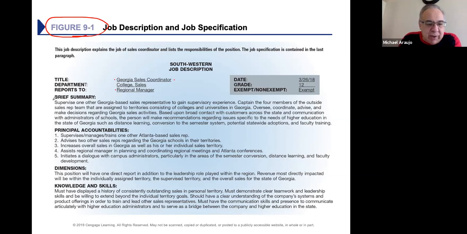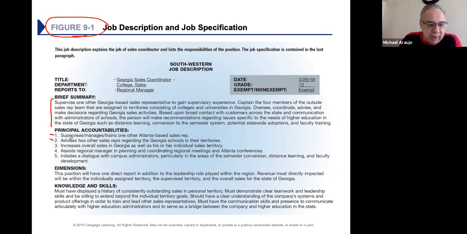And then the brief summary of the job just gives you that idea of this is what you're going to be doing. Okay. And then these are the principal activities. So this first one here, you're going to be doing the most. Supervise, manage, train the sales representatives in Atlanta, right? That's going to be the biggest part of your job.